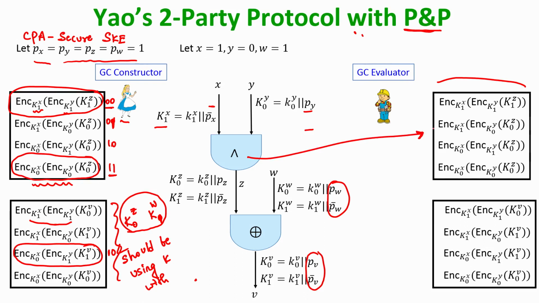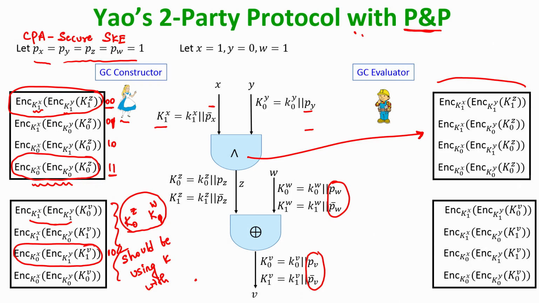Earlier, using the two keys that he had, one for the x wire, one for the y wire, Bob would have tried to decrypt all 4 ciphertexts, and the special correctness property would have ensured that he gets a non-null output only from one of the 4 decryptions. But computing 4 decryptions for each gate is too much.